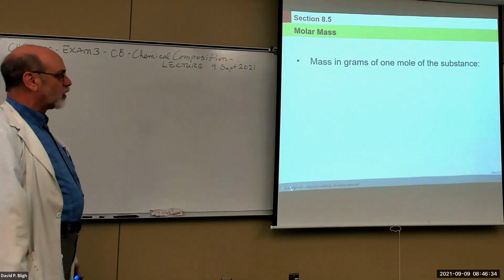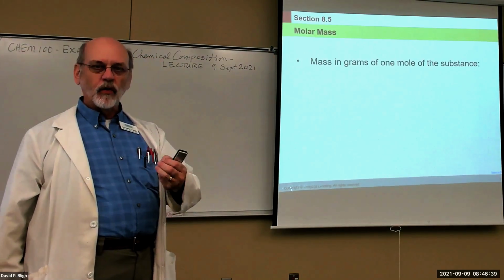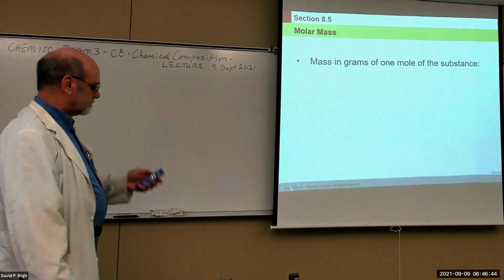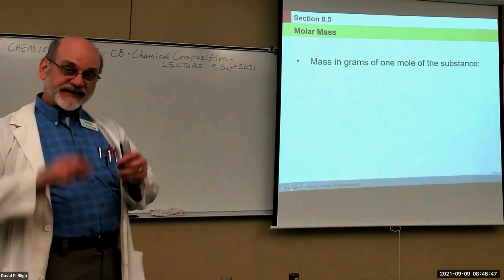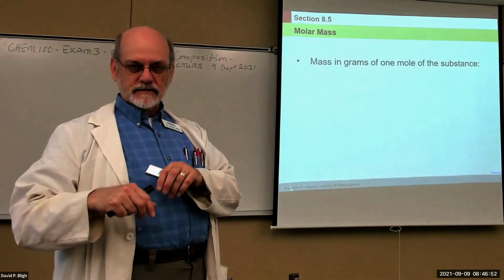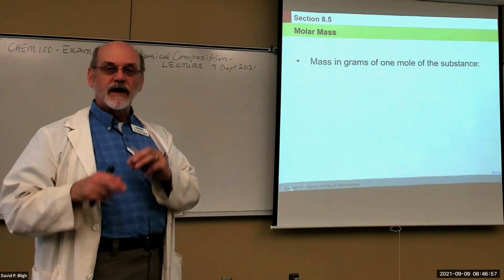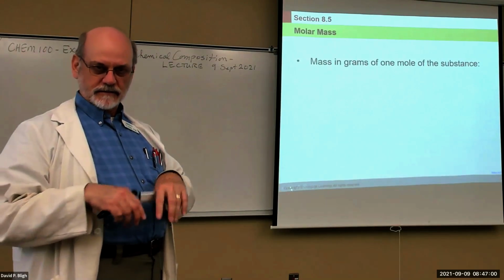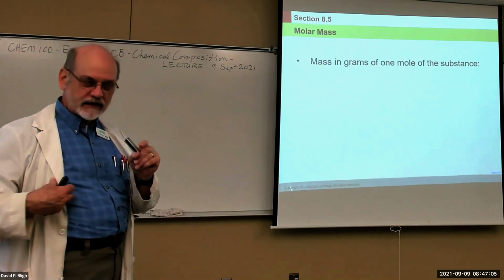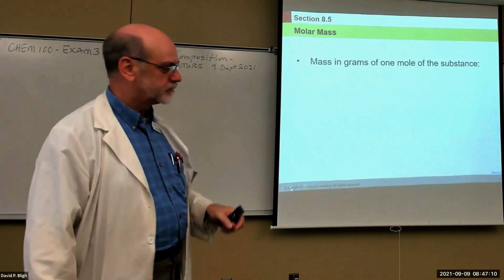Okay, I mentioned molar mass before. It's simply the mass of a mole of atoms of a particular element. That's the molar mass. But it can be extended from atoms to compounds, molecules, formula units. We can determine the molar mass of a formula or a bona fide molecule or any compound if we know the individual molar masses of the atoms that make up that compound.